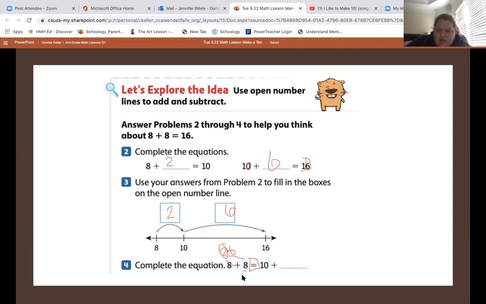So that is now giving me a 10. So then I would have my 6 plus that 10, and that's what I'm trying to get here. Well, what is 10 plus 6?